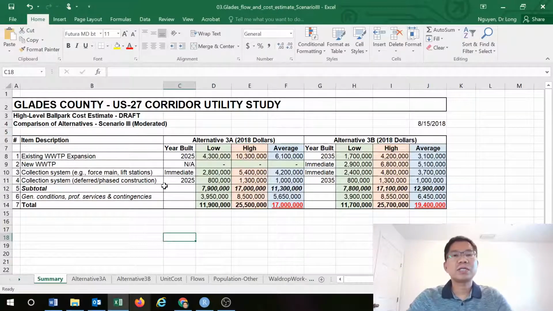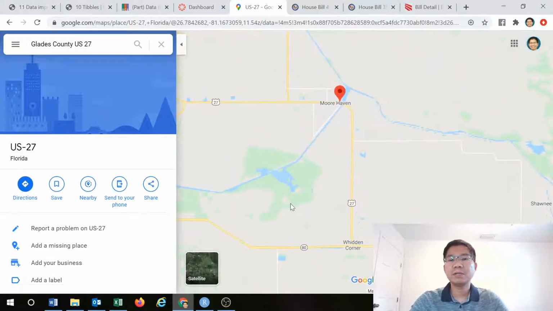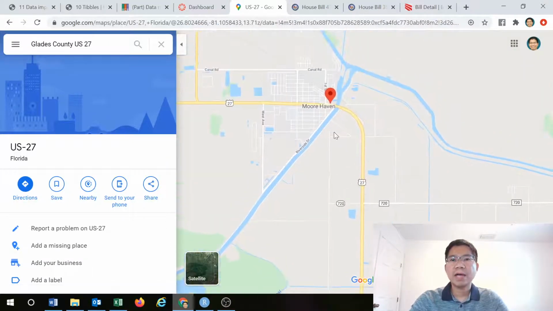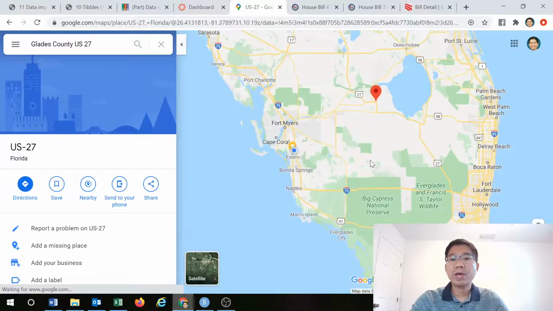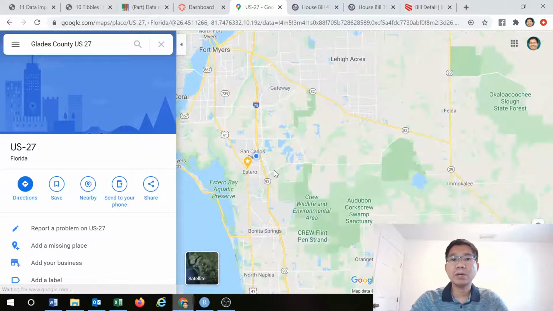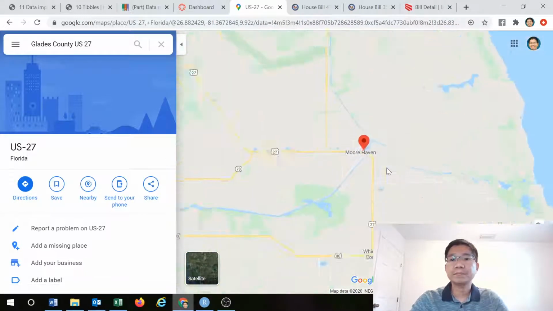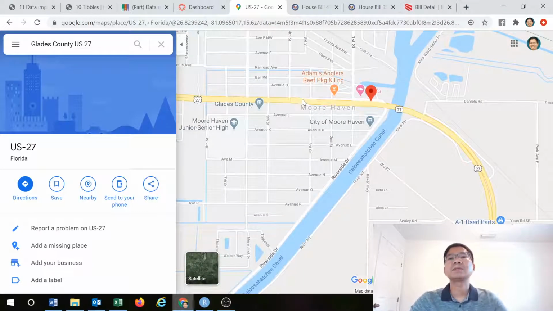So you see a project that we conducted for Lake County in 2018. The location of the project is the US-27 highway corridor from Moorhaven, as you can see here, Lake Okeechobee, and where we are here at FGCU.